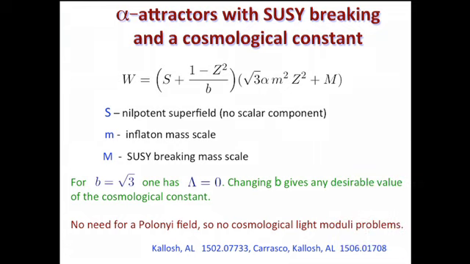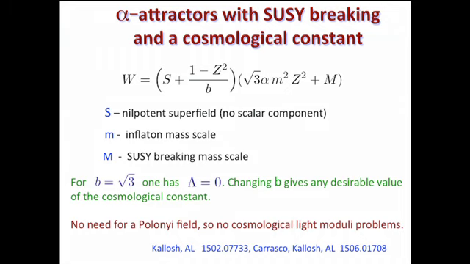And finally, I am returning once again to a different representation of how, in addition to inflation, you explain the cosmological constant and supersymmetry breaking. This is just another example of the superpotential with different parameters. This parameter tells you the inflaton mass scale. This parameter tells you the gravitino mass scale.